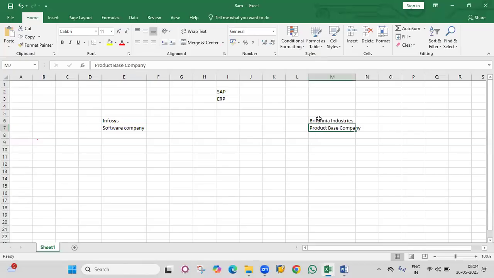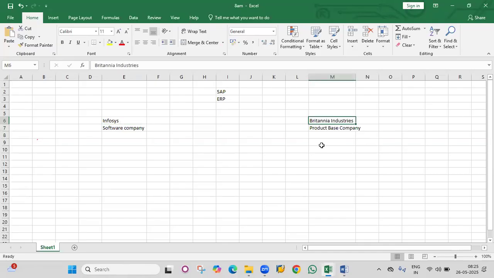Product-based companies like Britannia Industries will not focus on software. Their major aim is to do the production, to do the sale, to get the revenue out of the sale, and to focus on quality and operations. To help run the business smoothly, software companies support these product-based companies.